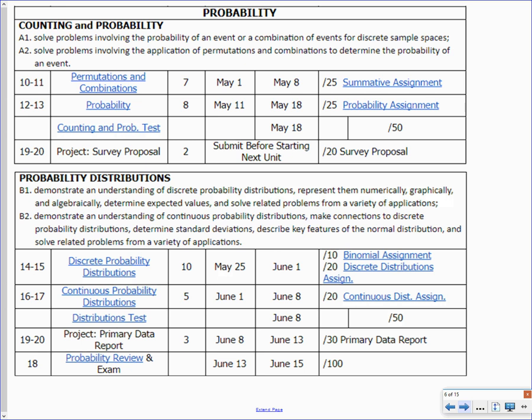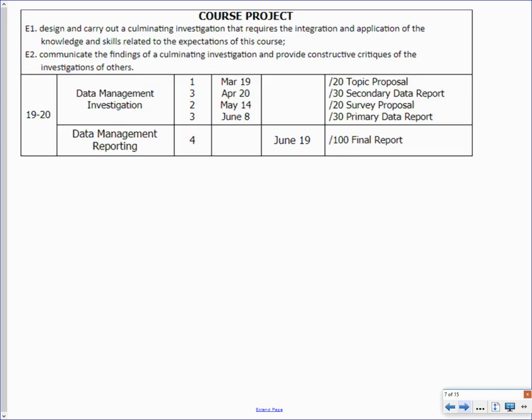then the probability half of the course, similar sort of thing, assignments for each of these units, a test that covers 4 of the units, right? And then a little chunk on your project down in here. And finally, the course project.